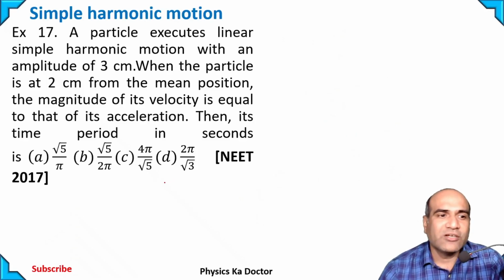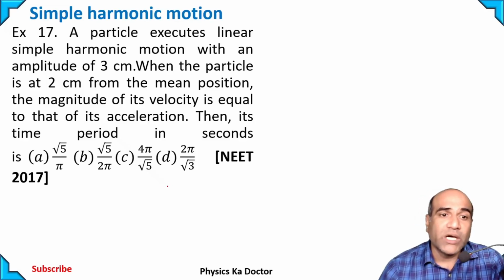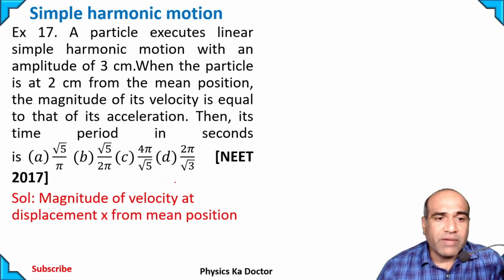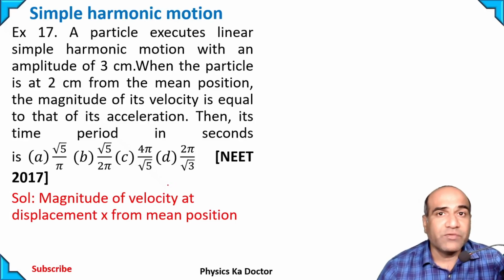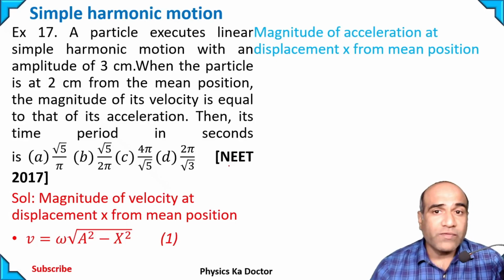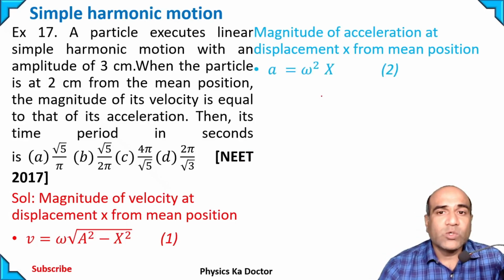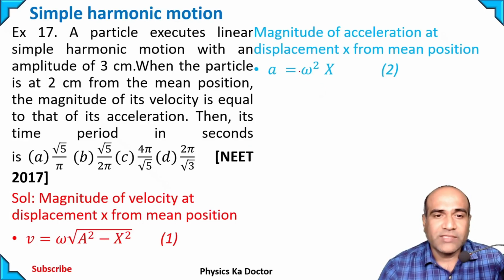Let's see. NEET 2017, this question was asked. The options for the time period are root 5 by pi, root 5 by 2 pi, 4 pi by root 5, 2 pi by root 5. Fine. We know the magnitude of velocity is v equal to omega under root a square minus x square, that we know. And the magnitude of acceleration is a equal to omega square x, right?